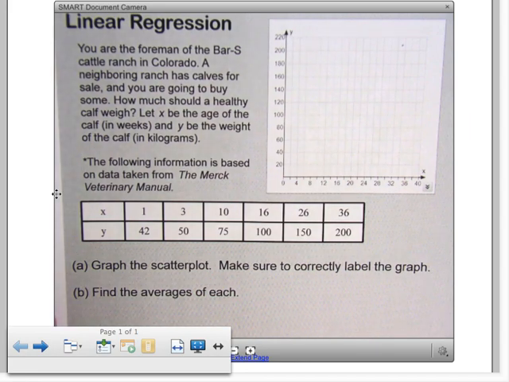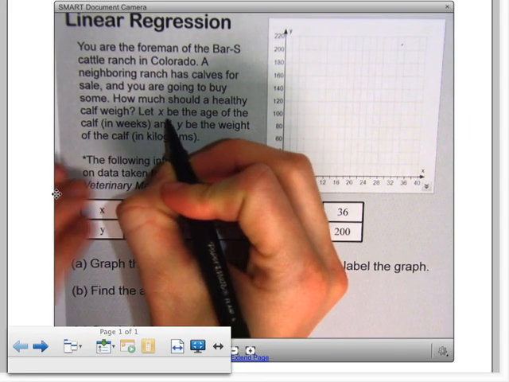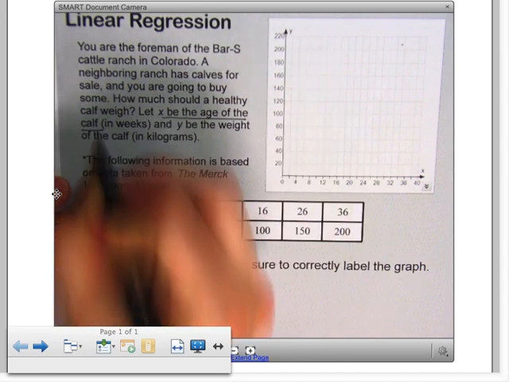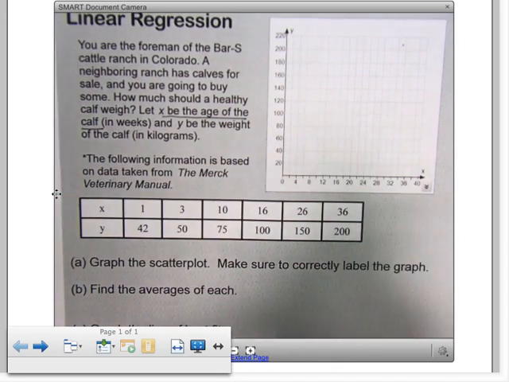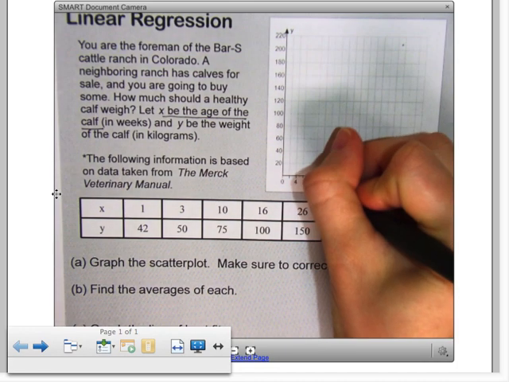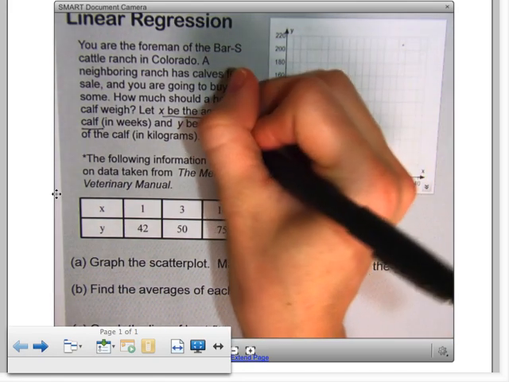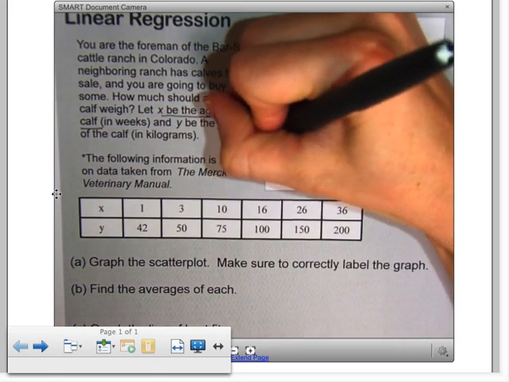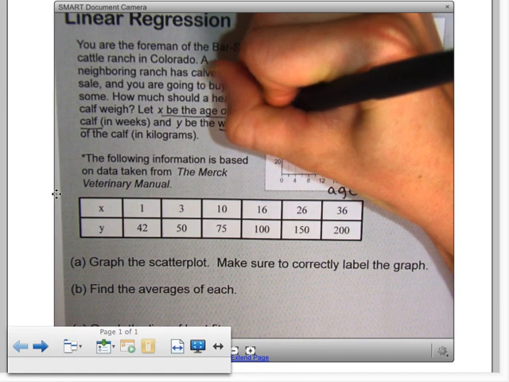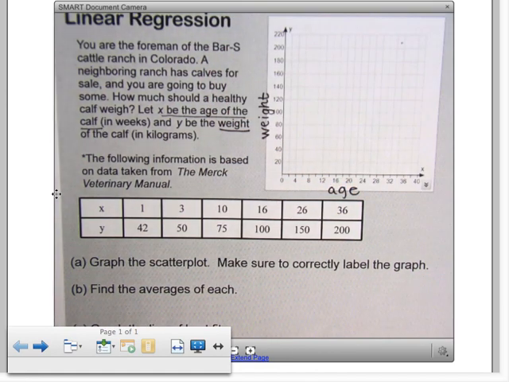Okay, so in this example here, it says X is the age of the calf. So here for my scatter plot, I'm just going to go ahead and label the x-axis age. And then it says Y is the weight. So I'm going to label the y-axis weight.